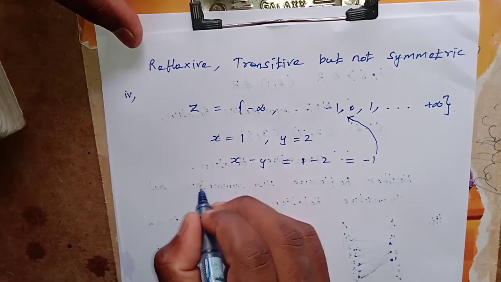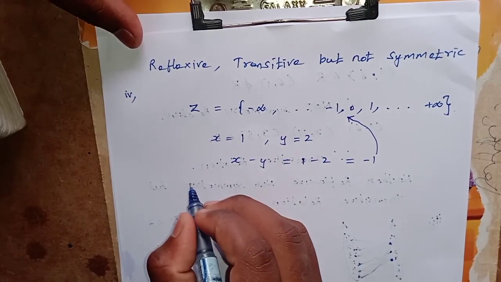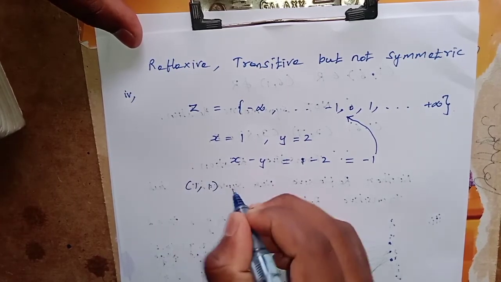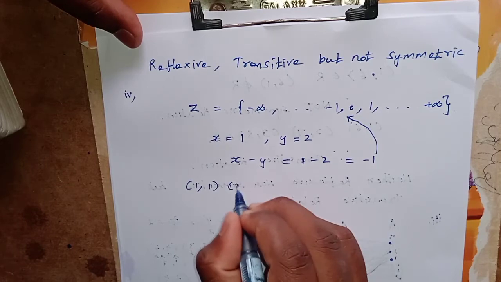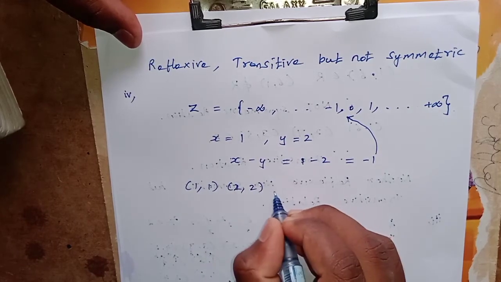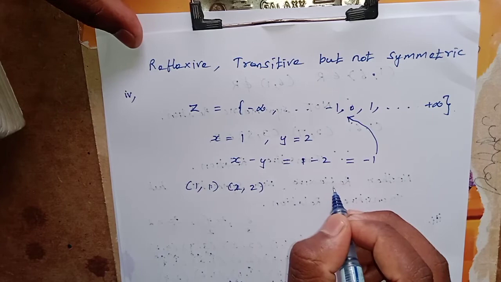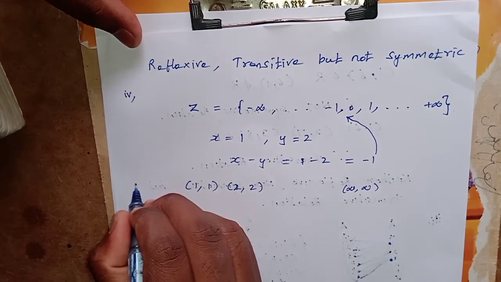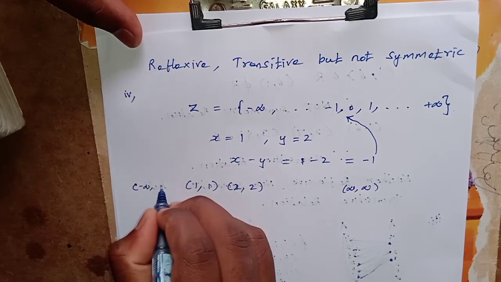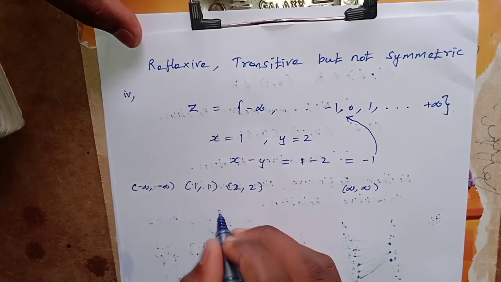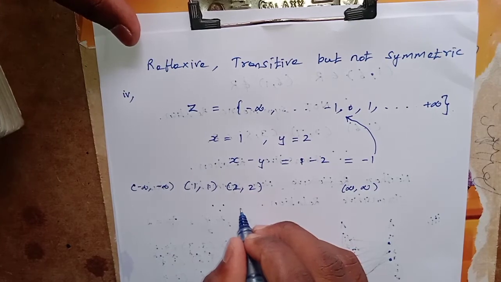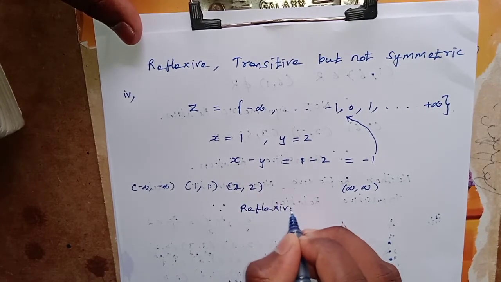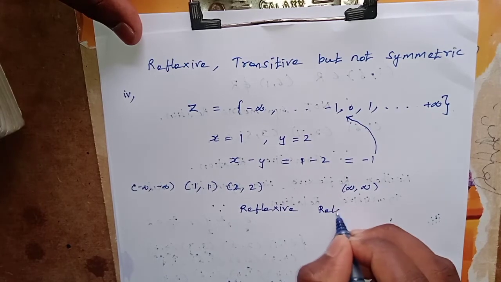So for the conditions we have to check reflexive: 1 comma 1, 2 comma 2 up to plus infinity comma plus infinity, and minus infinity to minus infinity. Therefore the reflexive condition is satisfied, reflexive relation.